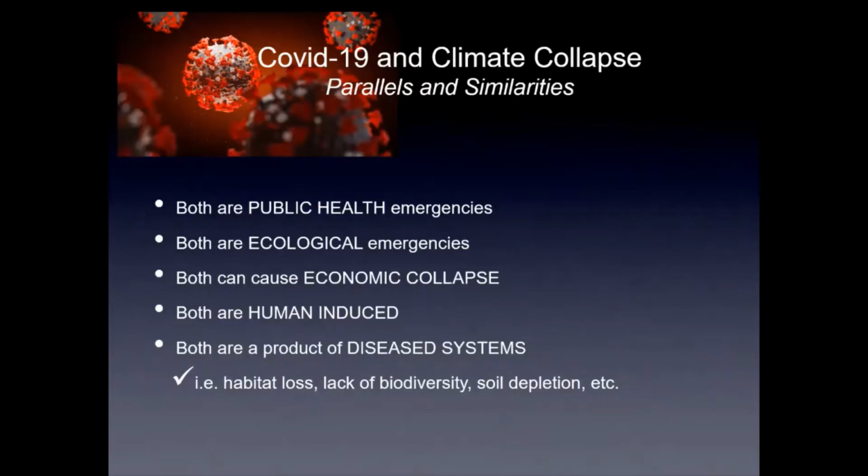Next slide. So if we think about COVID-19, there are a lot of parallels and similarities to this virus. They're both public health emergencies, because climate collapse and climate change is impacting the mental, social, and physical health of people all over the planet. They're both ecological emergencies.